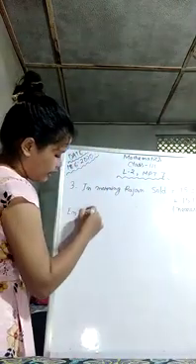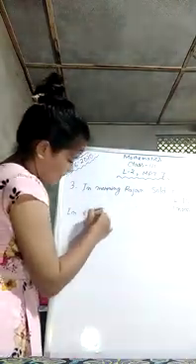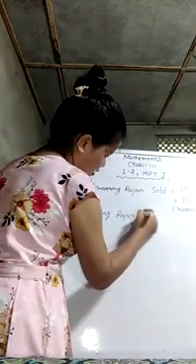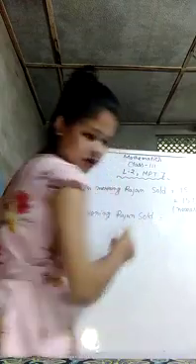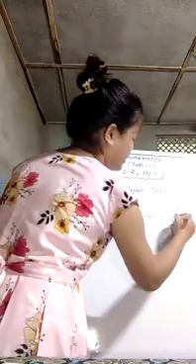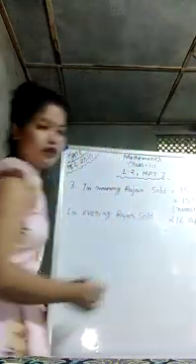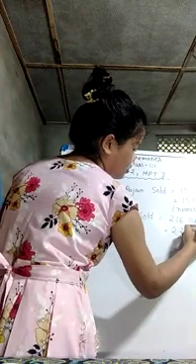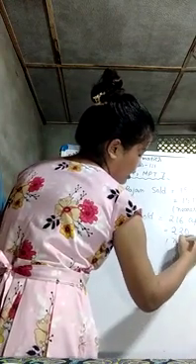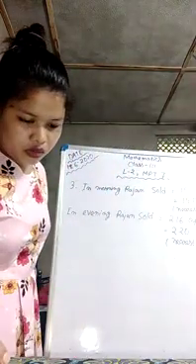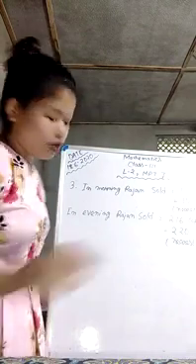Then in evening Rajan sold how many apples? 216 apples. So 216, when we round off to nearest tens, it will be 220. Here again write nearest tens. Okay. So estimate the total number.